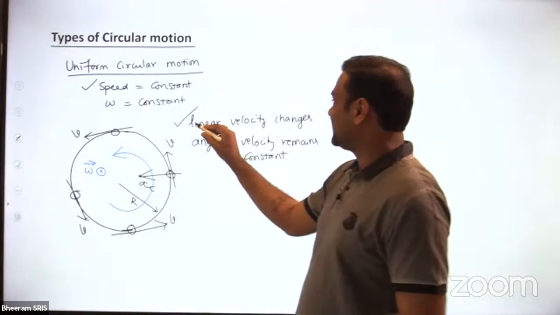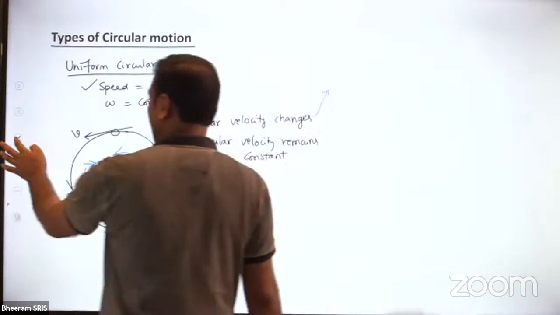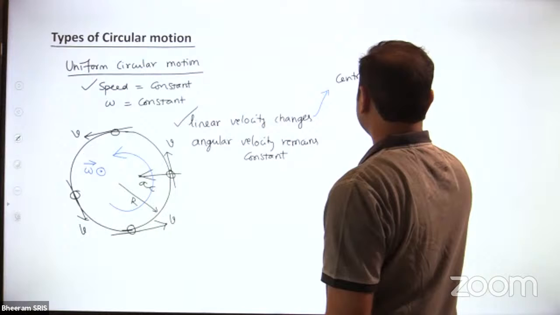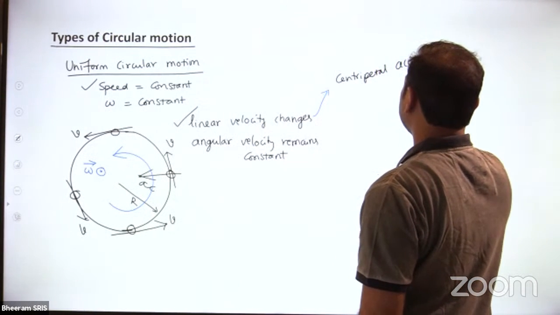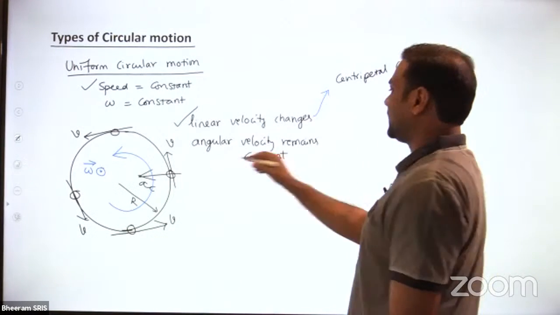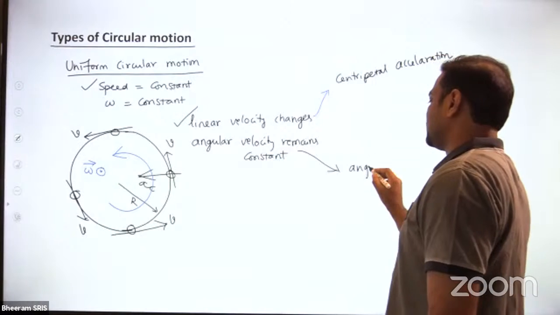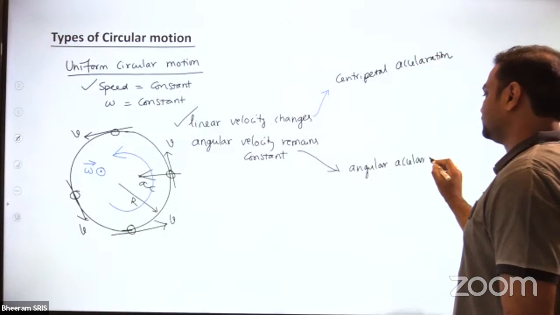So this linear velocity changes, and as linear velocity changes, this leads to centripetal acceleration because velocity is changing. But angular velocity remains constant. This leads to angular acceleration being 0.